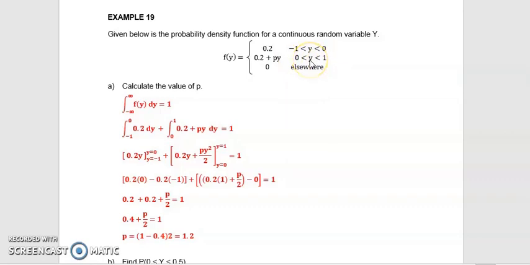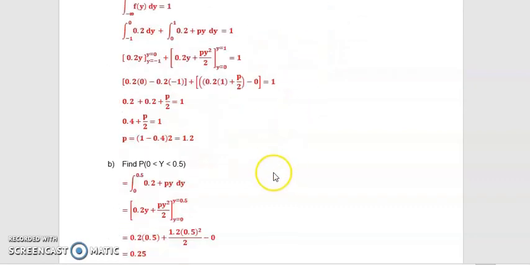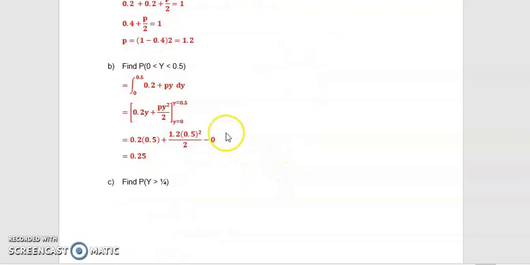Meaning to say that lower limit is 1 over 4, then upper limit will be 1. Okay, because this function is for y more than 0 but less than 1. So again, integrate this function, but the limit now is different. I just copy from here since it is the same function.